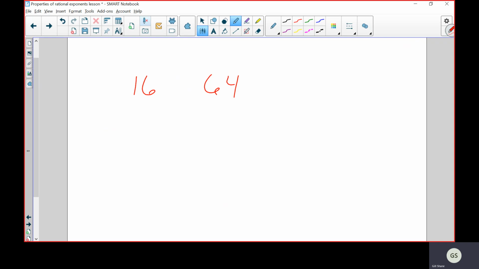So all you're doing is creating two different numbers, so not 16 and 64. They will still equal 16 and 64, but you'll have a base and an exponent. And like I said, normally the base is not going to be real high, so just start at the lowest base and work your way up until you figure it out.